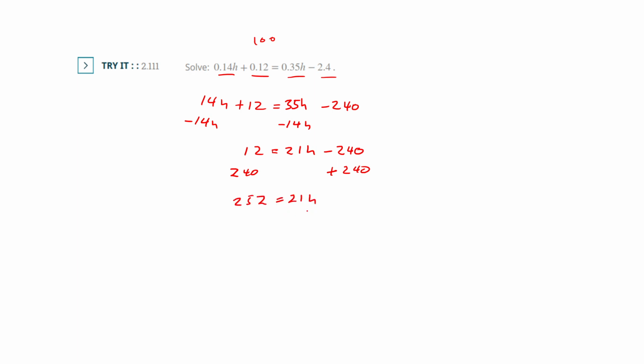Okay, now just divide both sides by 21 and we've got it. And I'm using my calculator. Turns out h equals 12. I don't like to see it that way, so I usually go left to right, and we've got h is 12.